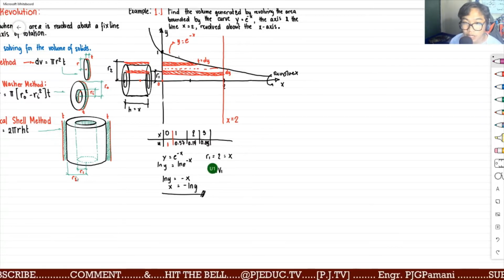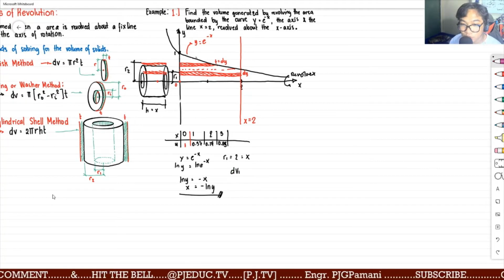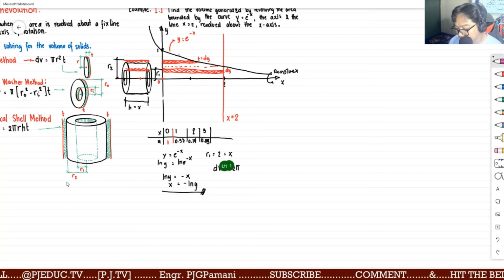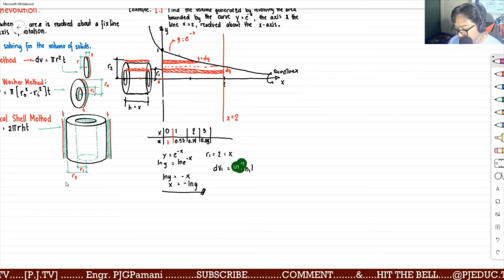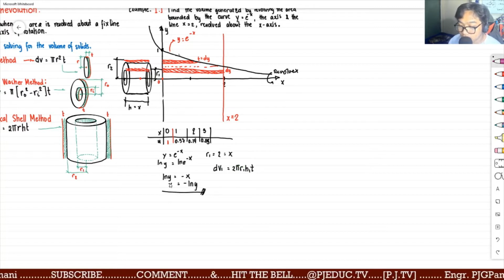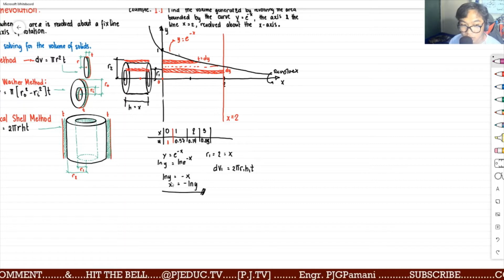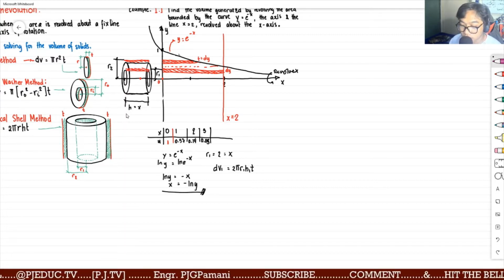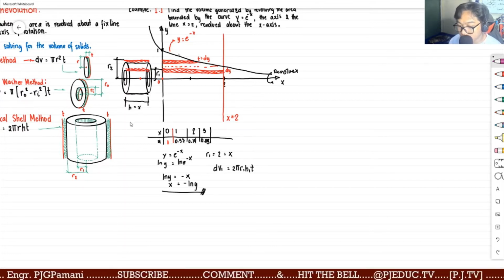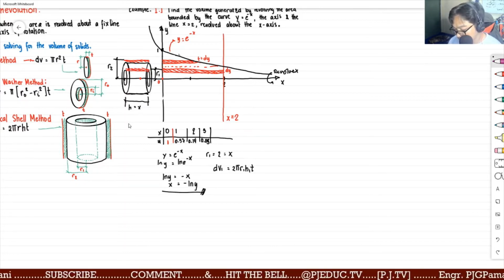Kung meron na tayong 2, let's just substitute that to our equation for the cylindrical shell method, which is dV equal to 2 pi r h t. 2 pi r1 h1. Tama ba? Radius... Mali pala.